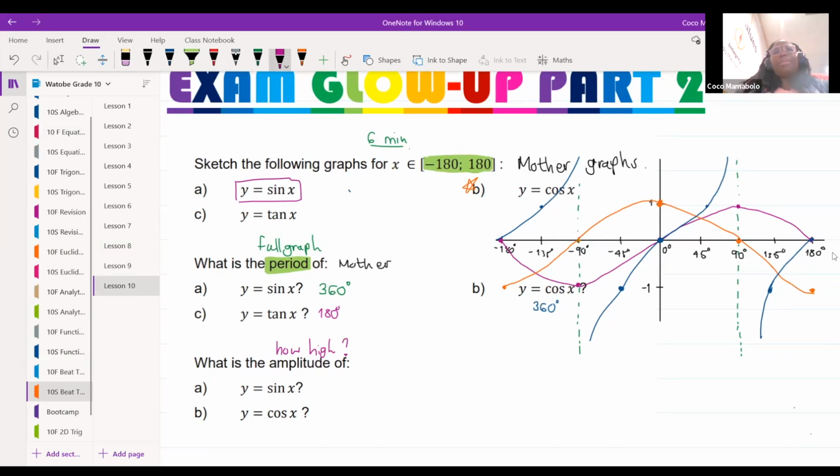If I start from 0, guys, how high up does my sine graph go? Good, that's it. Excellent stuff, guys. It goes up 1. So the amplitude of my sine graph is 1.